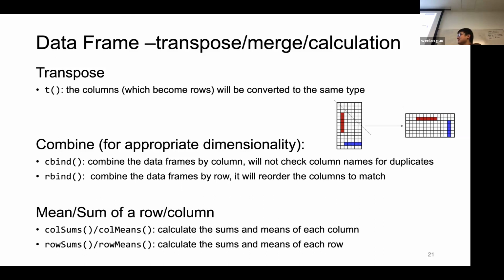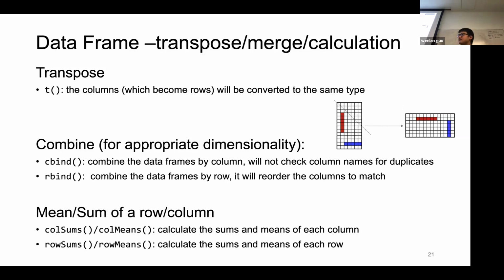Just consider the example where right now you have the rows as the samples and the columns as the gender and also a numerical value like the height of the person. When you transpose the data frame, you will actually see all the values become strings.